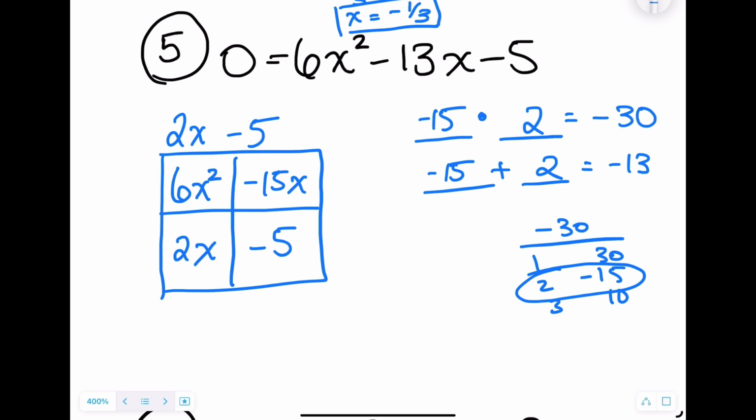Now looking across the top row, we have 3x, and in the bottom row, nothing seems to be common, so we're going to say plus 1. And once you're done factoring, the really great thing is you can always double check your work by distributing and seeing that it multiplies out to the original expression that you were given.